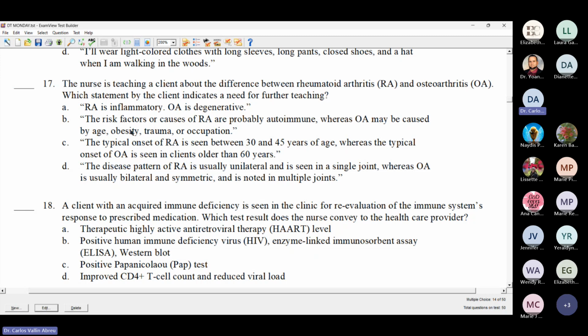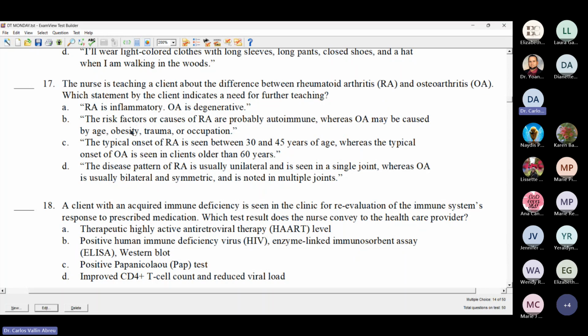Next, the typical onset of rheumatoid arthritis is seen between 30 to 45 years of age, whereas the typical onset of osteoarthritis is seen in clients older than 60. It is true. Rheumatoid arthritis, being an autoimmune disease, is seen more frequently in women than in men, as most of the autoimmune diseases, and is seen in comparatively younger people.